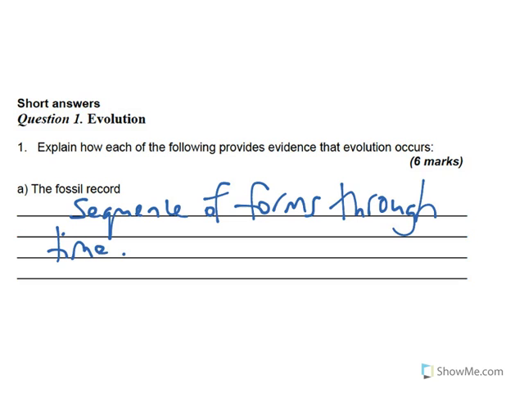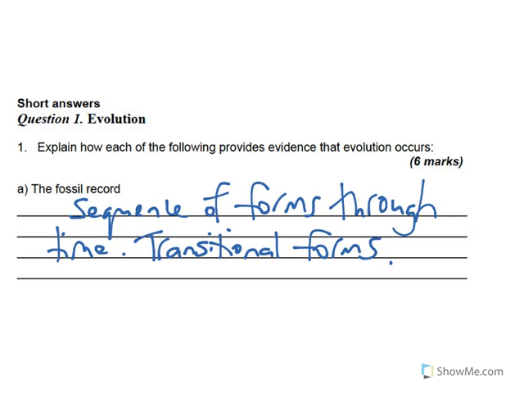Okay, and this sequence of forms through time allows us to see transitional forms, sometimes referred to as missing links. So transitions between more modern day species and ancestors.